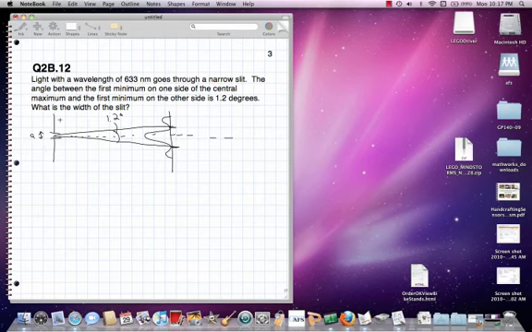For this problem, we can use the equation on page 34, Q2.10.